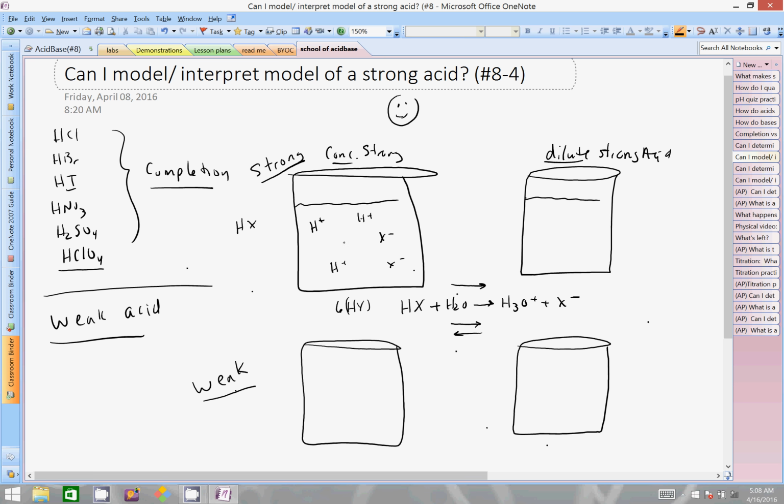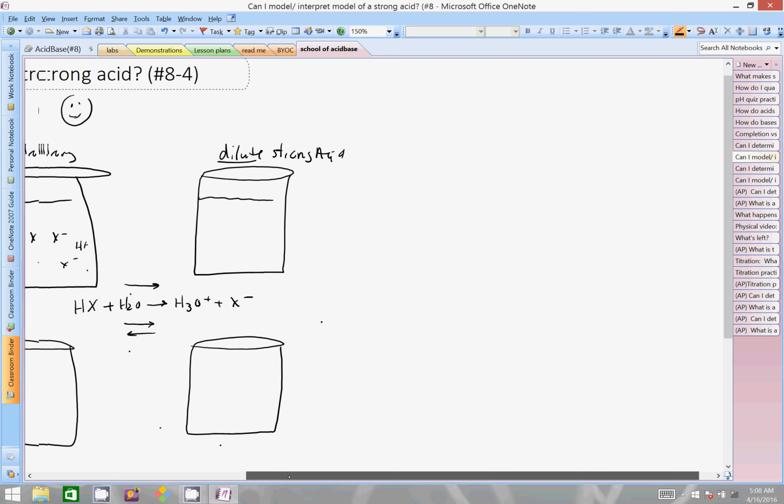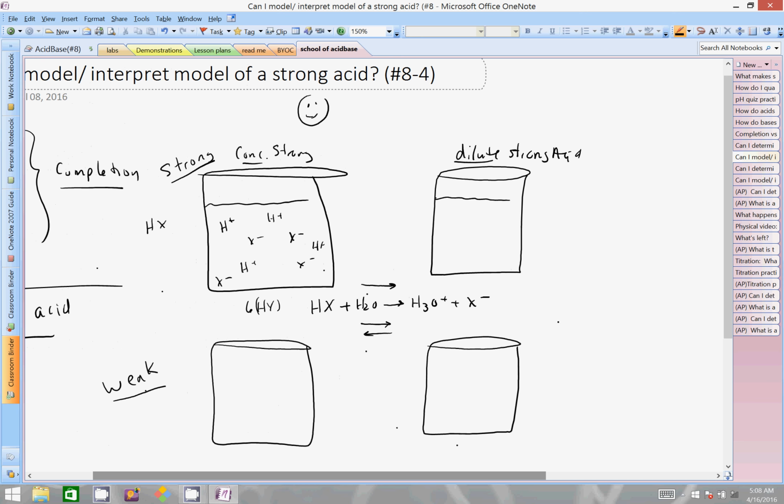H plus, X negative. H plus, X negative. 1, 2, 3, 4. And then I need H plus, X negative, 5, 6. Okay? So I now have 6 of them.